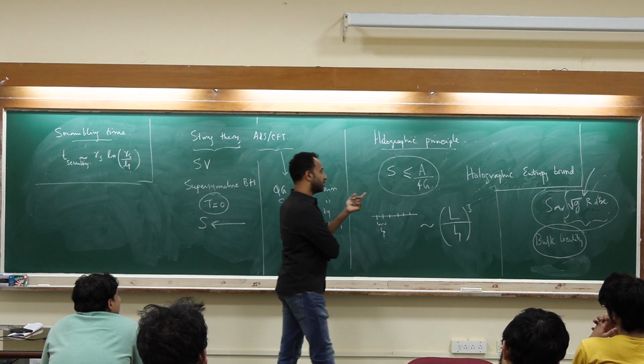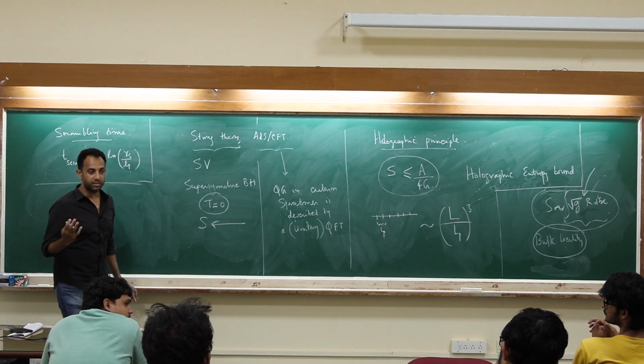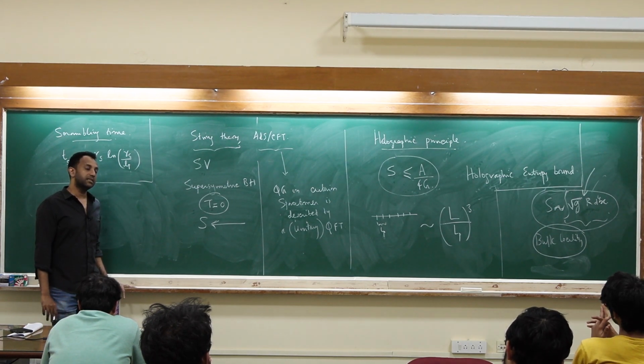And then you can argue that whatever object that you already had there, if thermodynamics is preserved, it should have a lower entropy than this. So that was his argument.